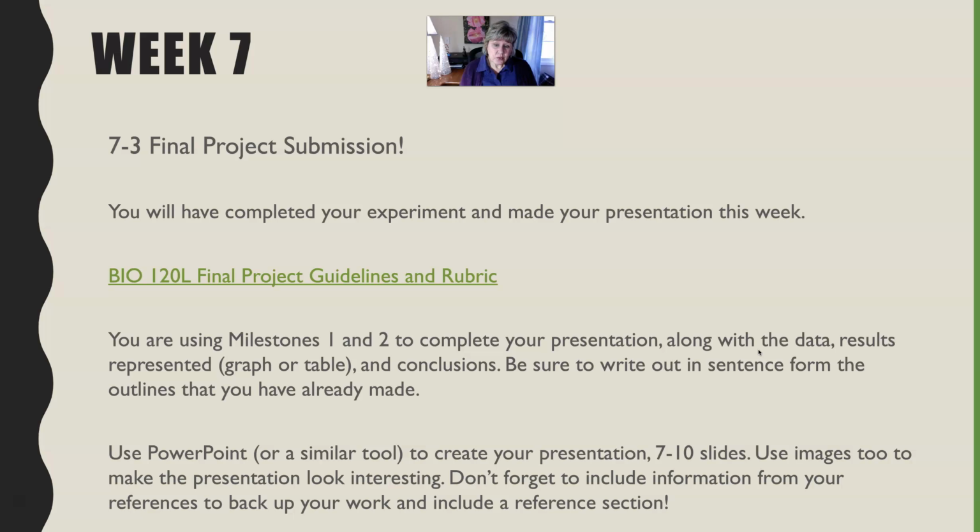Use your milestones 1 and 2 to complete your presentation. They are included in this, not in that outline form. Make sure it looks like a presentation. It's written out, and that you have your data in graph or table form at least. And make sure you present your data correctly.